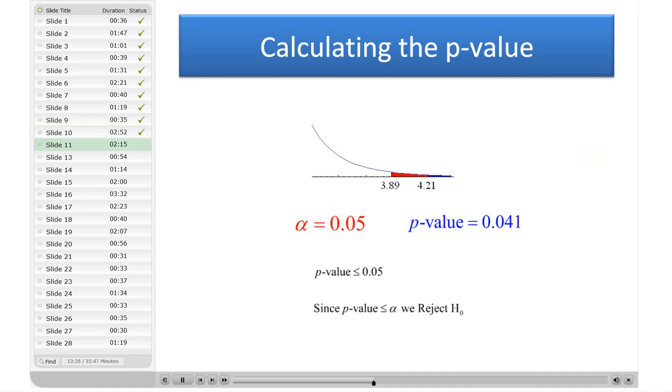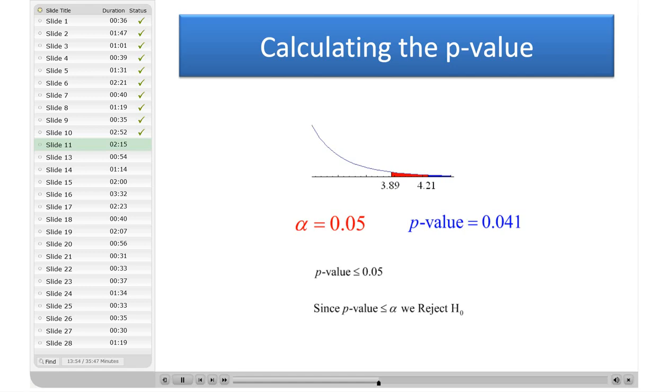Before moving on to post hoc tests, we do need to discuss how to calculate the p-value for an ANOVA test. You'll recall that we've already talked about calculating p-values for statistical tests involving normal distributions, and we learned that p-values are the area beyond the test statistic that we observe. Now in this problem, we just observed a test statistic of 4.21, and so that means the p-value for this test is the area under the curve to the right of 4.21.